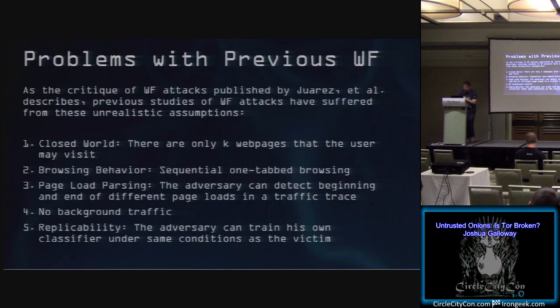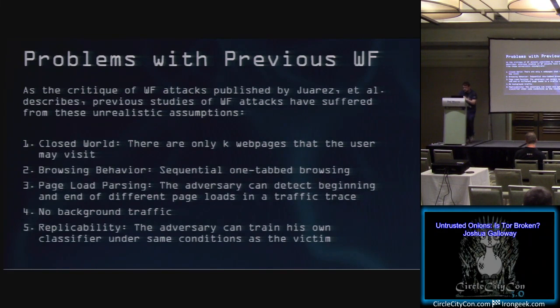It also assumes no background traffic, and that's the problem that's caused when you have more than one tab. It also assumes that the adversary can train the classifier under the same conditions as the victim. Now, the problem here is that the fingerprint would be different based on whether you have different versions of the Tor browser bundle, different localizations of the Tor browser bundle, and it also assumes the page has not changed at all since you recorded those traffic traces.